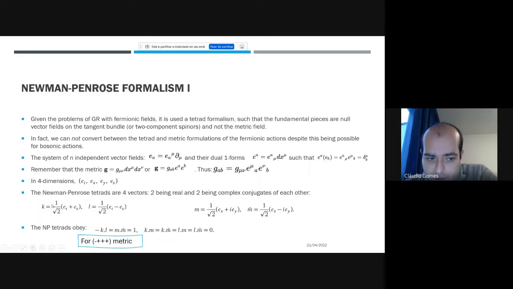I would like to draw your attention that sometimes in the literature it is usually called n and l, okay, instead of k and l. So the Newman-Penrose tetrad obeys these orthogonality conditions, such that they are mainly based on the light cone construction.